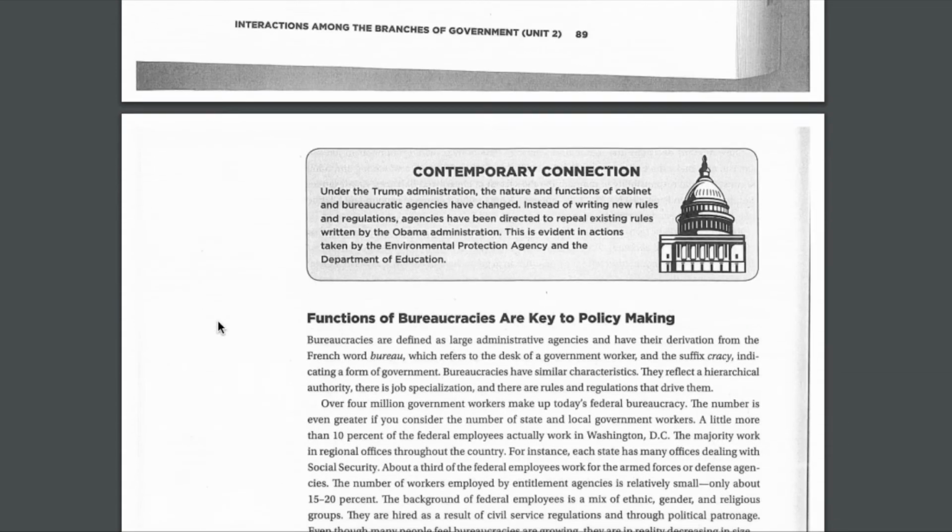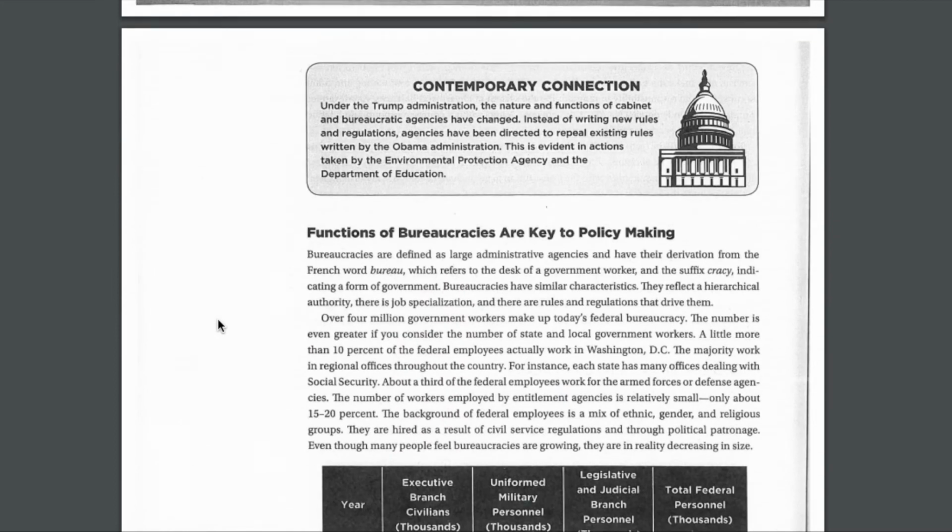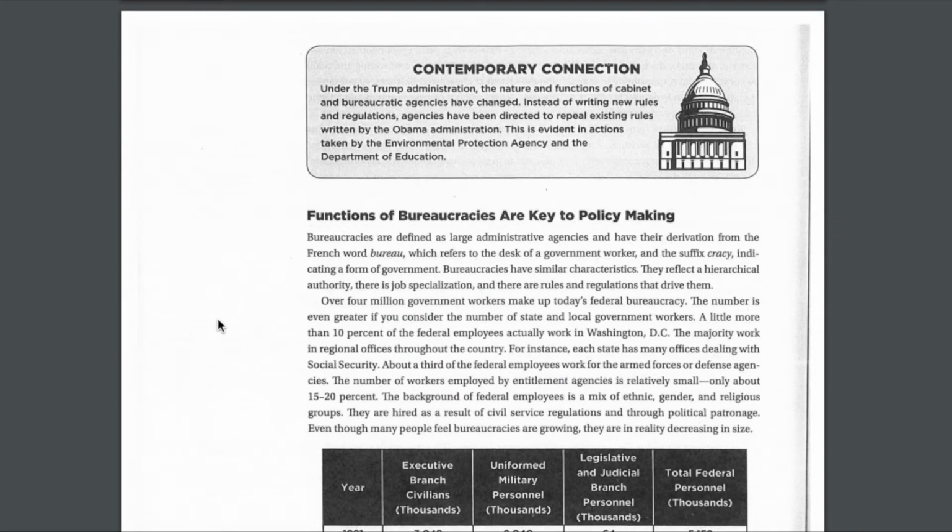All right, now your fourth branch, in a sense, is your bureaucracy. So the functions of the bureaucracy: these are the workers that maybe have to pass some type of civil service requirement and test, and then they get the job. They serve there for a long time. They specialize in the job, and they have to follow the Constitution and rules, laws, and regulations.